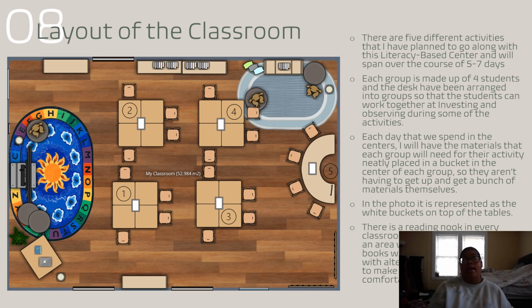Every day that they're transitioning through the centers, they will have materials in those buckets for the particular activity that they will be working on. And I figured I would do it that way for the simple fact that it would minimize the time it would take for them to have to cut out and arrange things themselves. It would just make it easier if they could just pick the materials up out of the bucket and put them together.